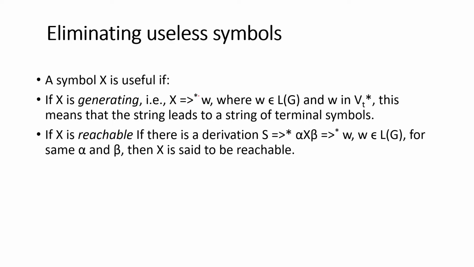W belongs to the language generated by the grammar G, and W is some combination of terminals. This means that the string leads to a string of terminal symbols. If this happens, then I can say X is useful.